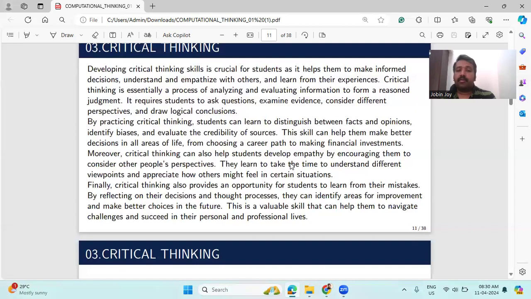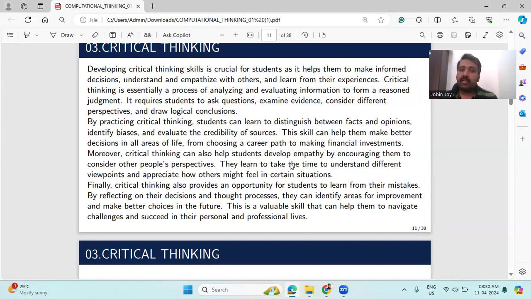Finally, critical thinking also provides an opportunity for students to learn from their mistakes. By reflecting on their decisions and thought processes, they can identify areas for improvement and make better choices in the future. This is a valuable skill that can help them navigate challenges and succeed in their personal and professional lives. So, promoting critical thinking means you are giving them a chance to ask questions and to ask for evidence. They have to consider different perspectives and draw logical conclusions.